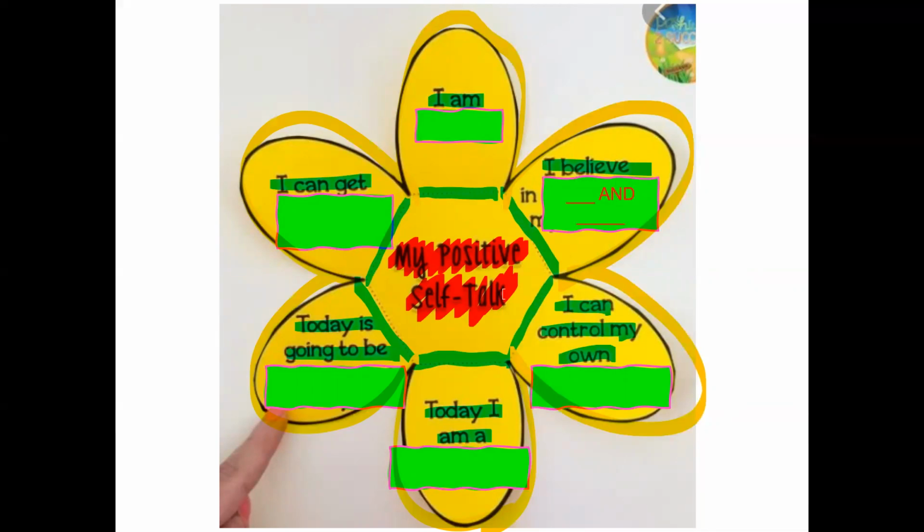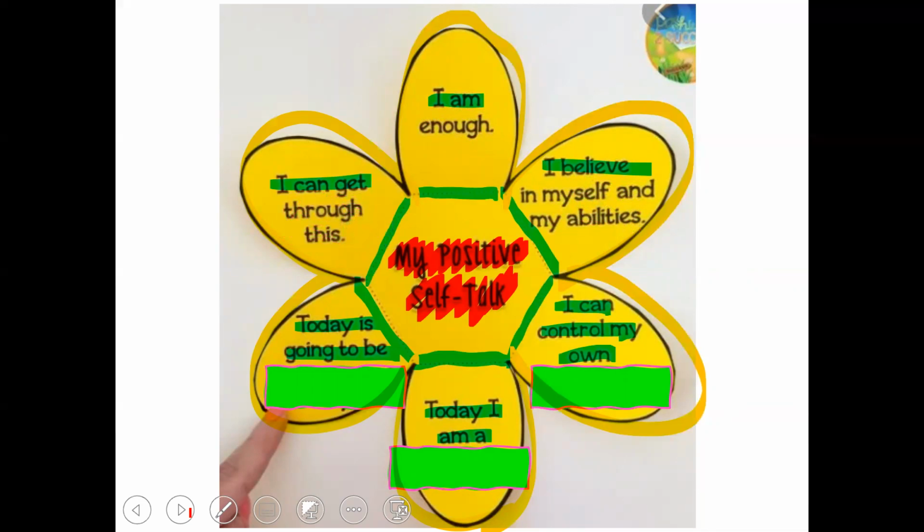You are going to take this time and fill in the blanks. So for example, I wrote, I am enough. I believe in myself and my abilities. I can get through this. I keep telling myself this every single day. Today is going to be an awesome day.